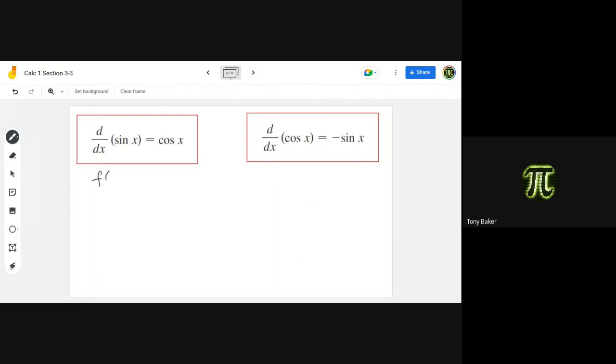So if f of x is sine of x, f prime of x is cosine of x, right? What's the second derivative? Well, the derivative of cosine of x is negative sine of x, right? What's the third derivative?